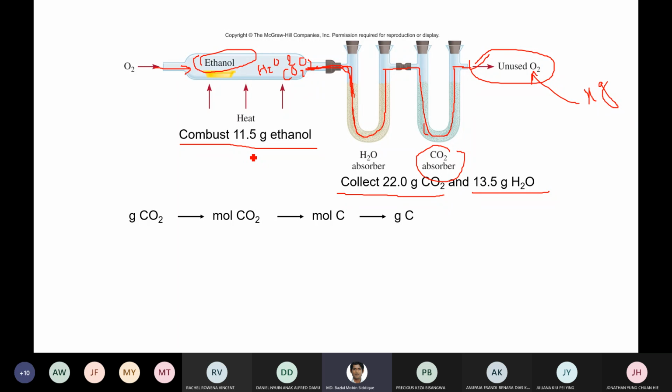Now, if we go step by step, logically, we see that carbon dioxide was produced, and water was produced, and oxygen gas was also produced. This G means not gas, this means gram.